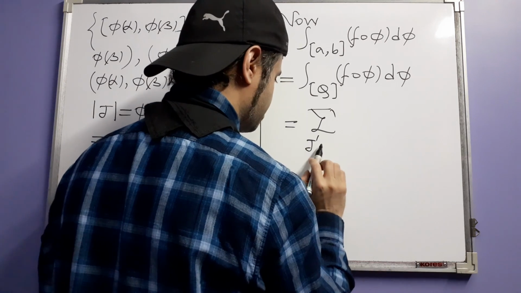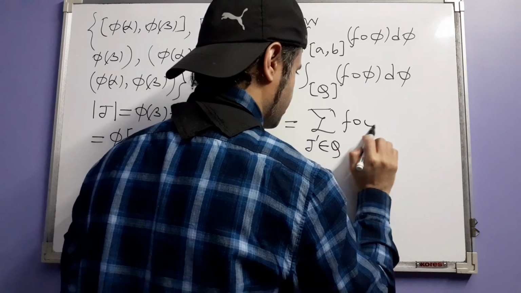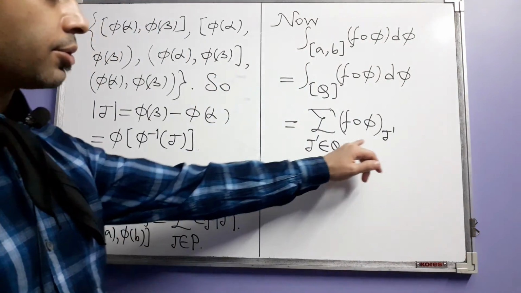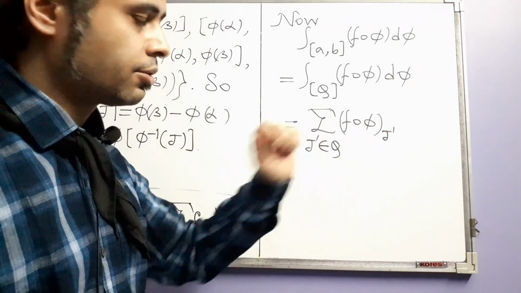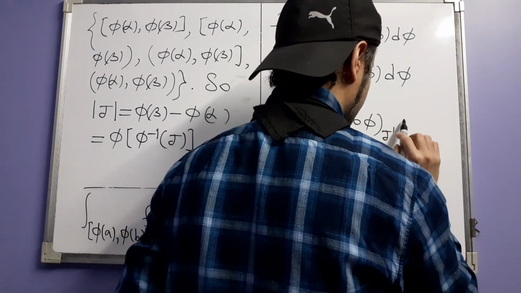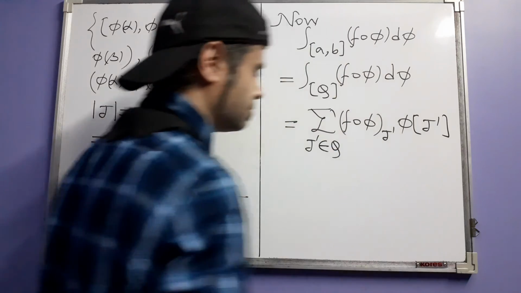Let me write J prime here. f composition phi, let me temporarily write a notation like this. This means the constant value of this function on J prime times, because we are talking about Riemann-Stieltjes integral, the phi length of J prime.